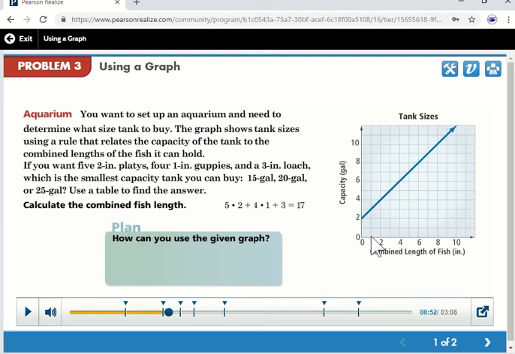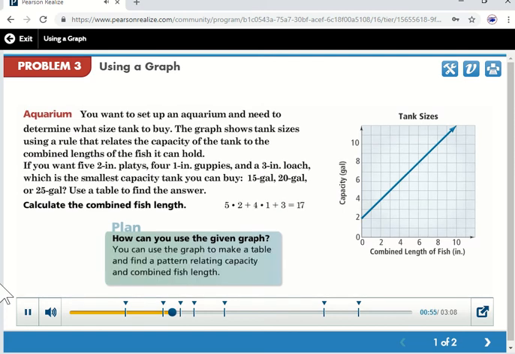I should probably go 1, 2, 3, 4. So, as the left column goes 1, 2, 3, 4, 5, 6, 7, 8, 9, 10, the other column can go 3, 4, 5, 6, 7, 8. Okay, anyway, again, I'll just let the video do its thing. You can use the graph to make a table and find a pattern relating capacity and combined fish length.